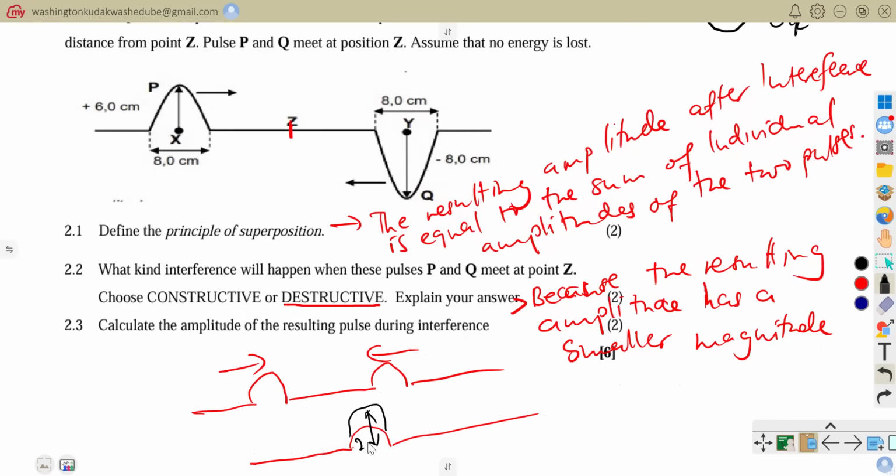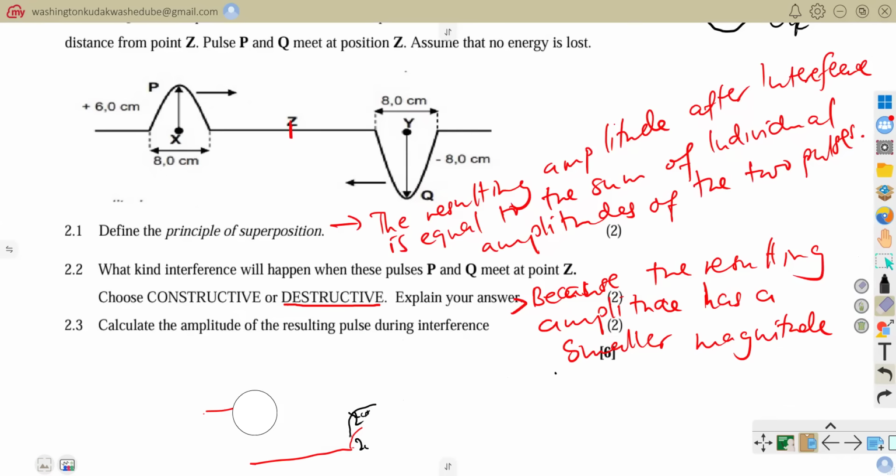So if this was 2 centimeters and this was 2 centimeters, I would have a resulting amplitude of 4 centimeters. So the magnitude of the resulting amplitude is large. So we are going to result in a larger amplitude. So that becomes the constructive interference. But whenever we've got a destructive interference, we are going to result in a smaller amplitude.